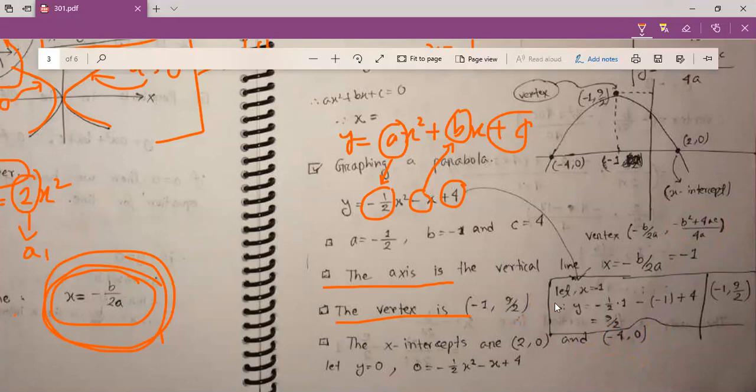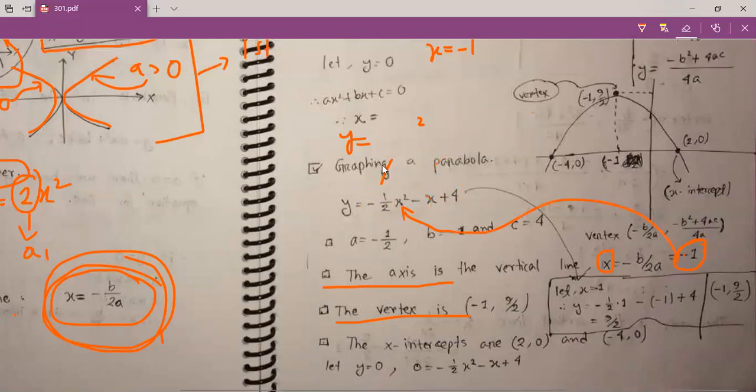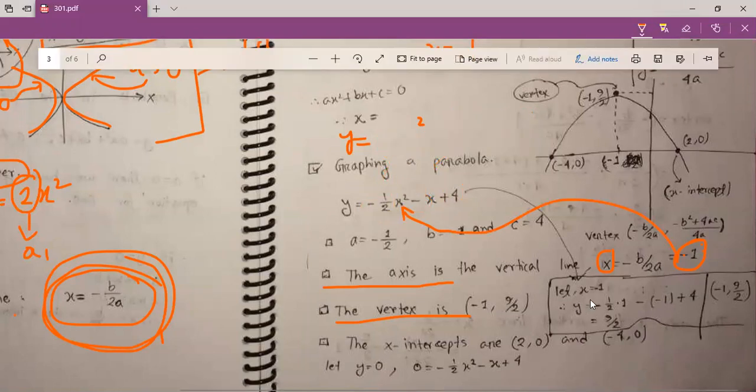We can also find it another way. We have our equation here, right? x equals -1. If we put this -1 in our equation, then we get y equals -1/2 times 1 minus (-1) plus 4.